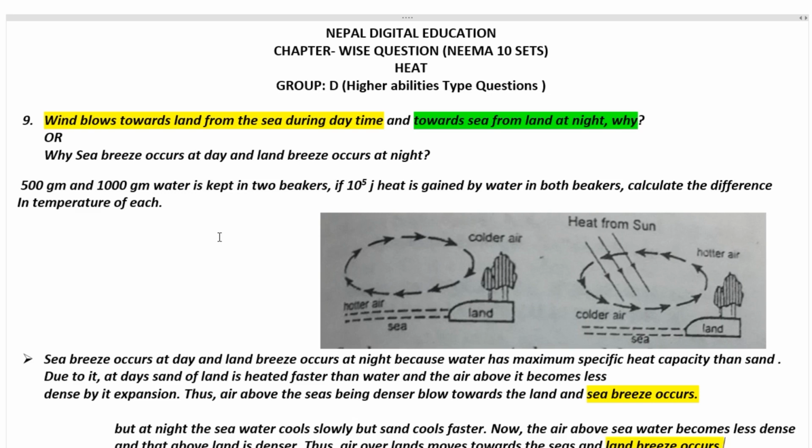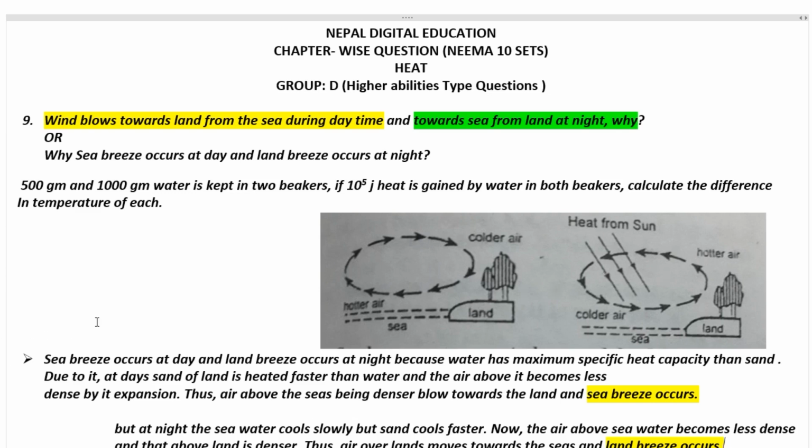Whereas at night, the land gets cooler than the sea, and the air above the sea rises up, and to fulfill the space of air above the sea, the cooler air from the land moves toward the sea surface. So this diagram clears the concept of sea breeze and land breeze.